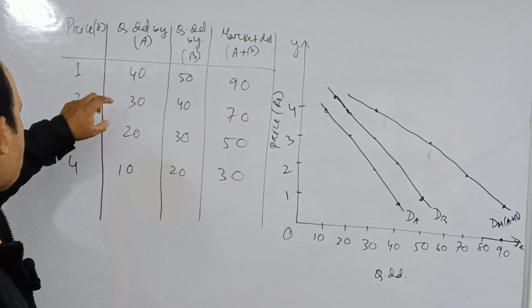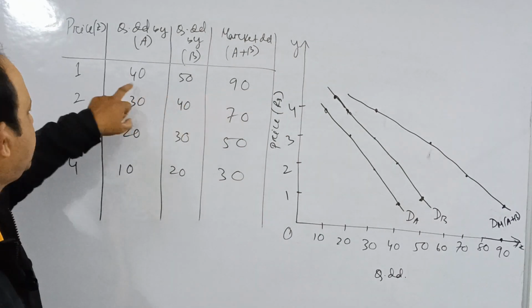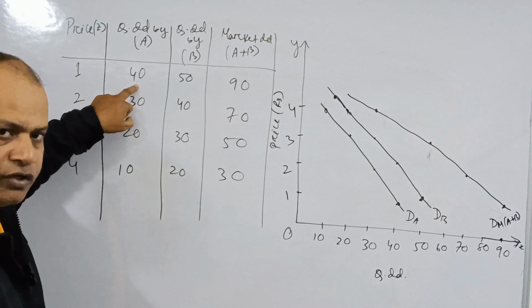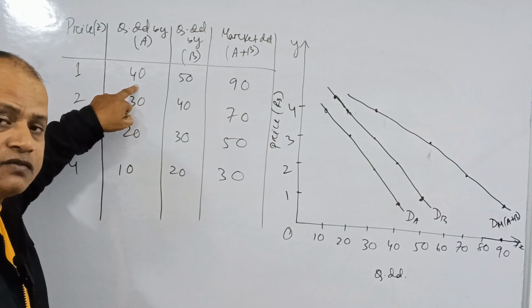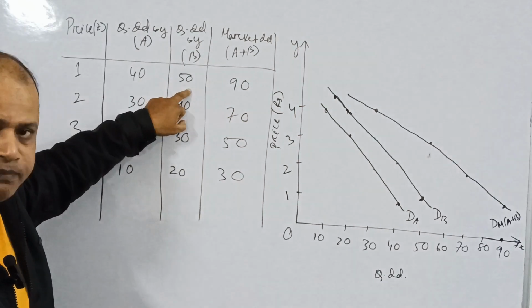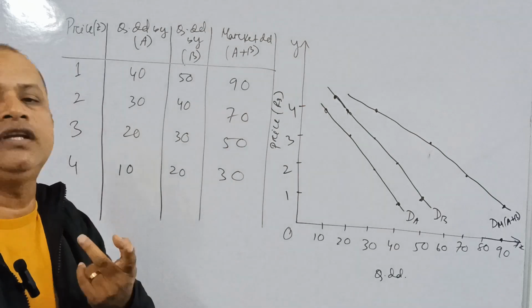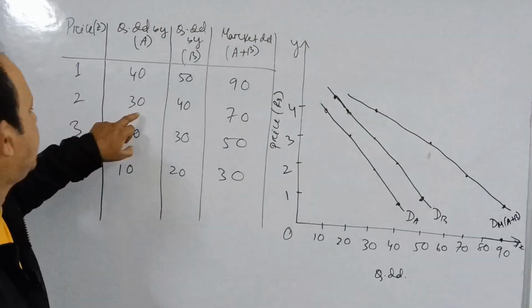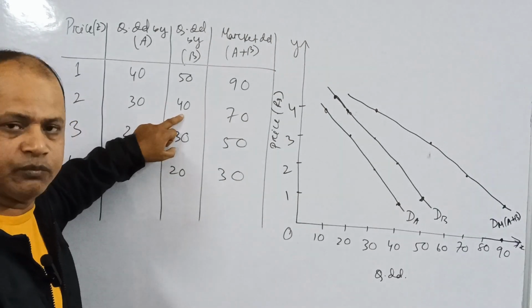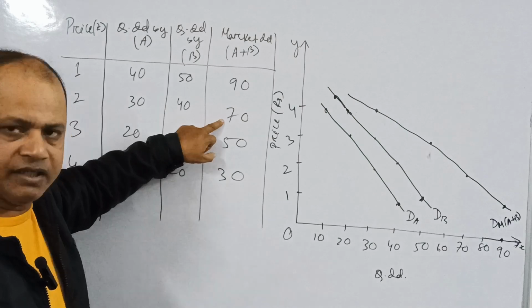Each and every time, when price is 1, market demand is 90, because we add the 40 units of consumer A and the 50 units of consumer B, as we have assumed that there are only two consumers. When price is 2, A demands 30 units, B demands 40 units, and total market demand is 70 units.